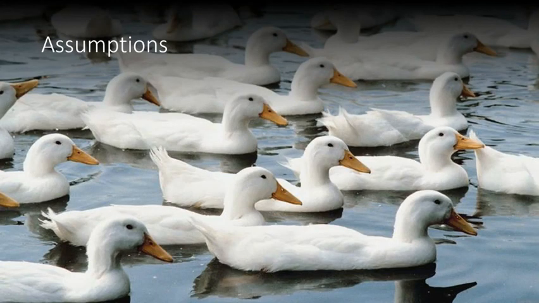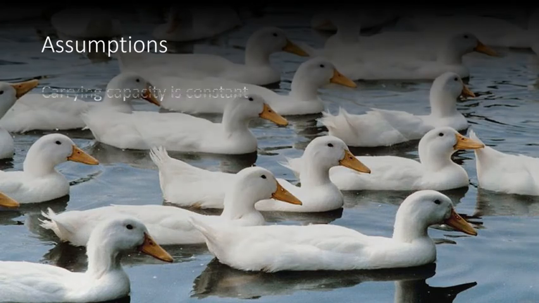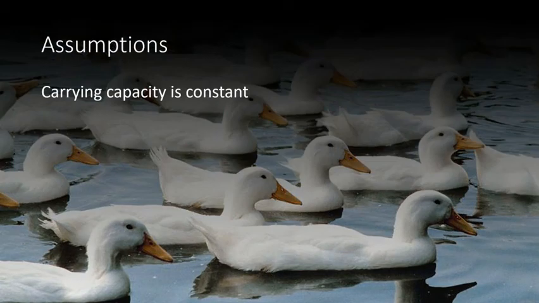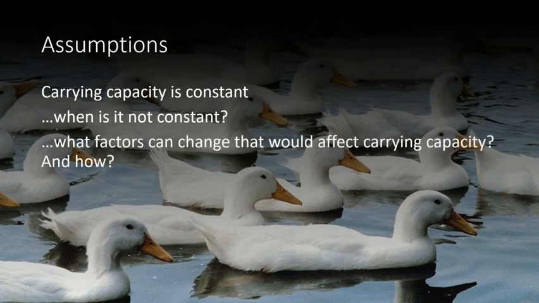A lot of assumptions in carrying capacity is that carrying capacity is constant. So when you looked at that graph, you could see a little asymptote, a little dashed line where the carrying capacity maxes out. But carrying capacity is not always constant. And really, you should think about what factors would change that would affect carrying capacity.